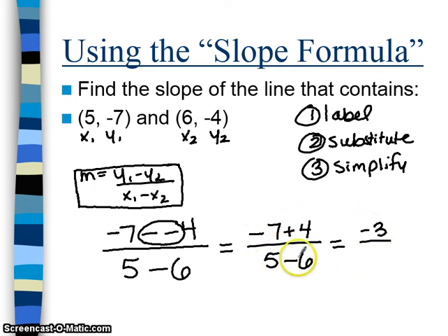And 5 minus 6 is negative 1. A negative divided by a negative is a positive, and 3 divided by 1 is 3. So our slope is positive 3, which still means 3 over 1. And on a graph, we go up 3 over 1, up 3 over 1, and so on.